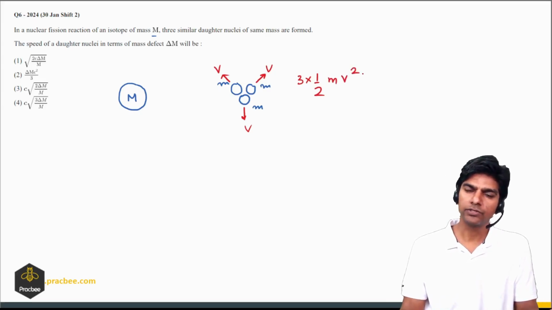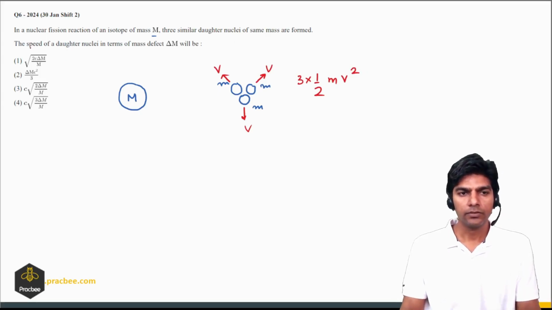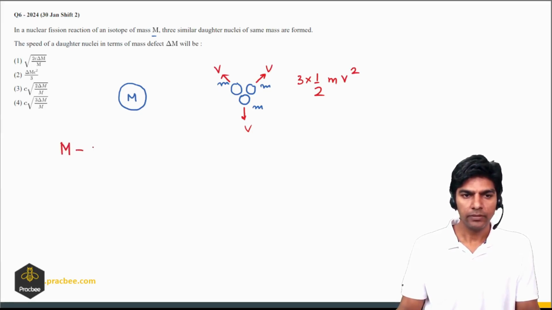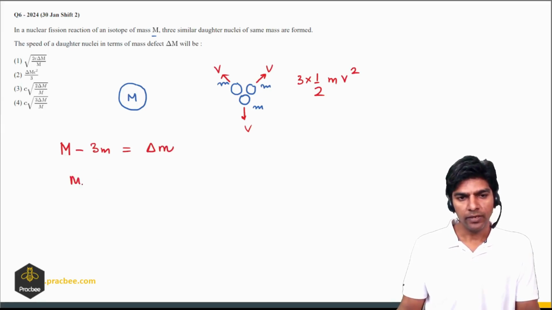Each daughter nuclei will be having same speed. So the speed of the daughter nuclei in terms of the mass defect. So what we can say, the energy released. So capital M minus 3 times small m, that will be the mass defect. So capital M minus 3m times c square.